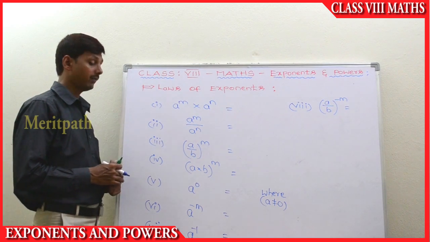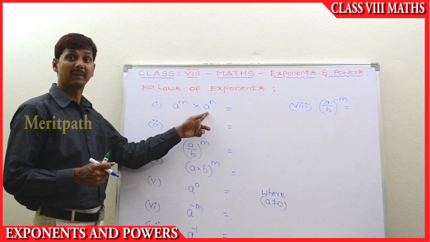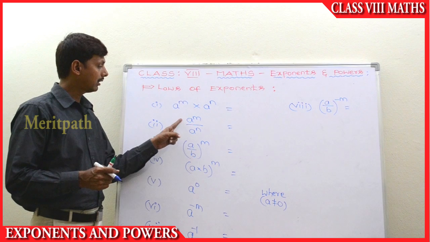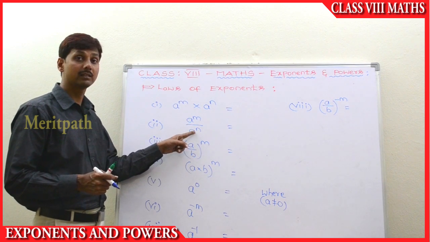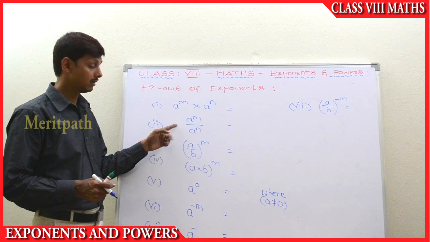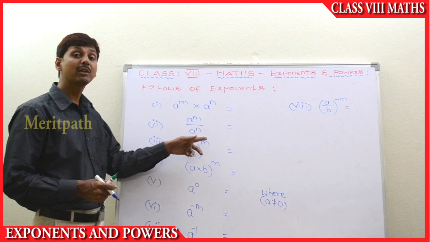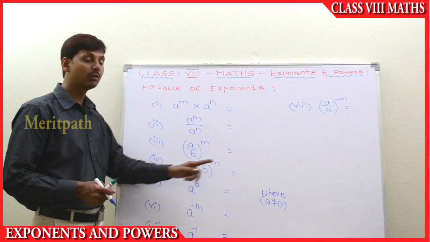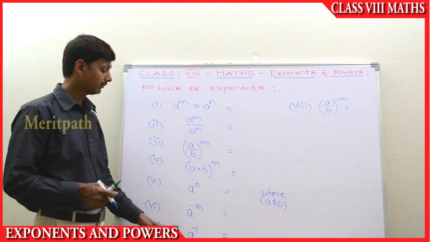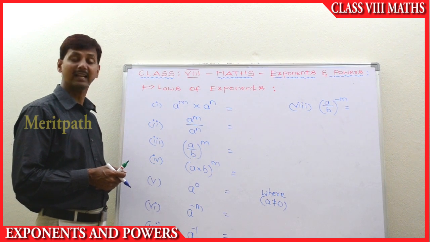So here we have some laws of exponents. Here the bases are same and exponents are different, and here the bases are in multiplication, here division. Here we can see different bases: (a by b) whole to the power of n, and (a into b) whole to the power of n, a to the power of 0, a to the power of minus n, a to the power of minus 1, (a by b) whole to the power of minus n.